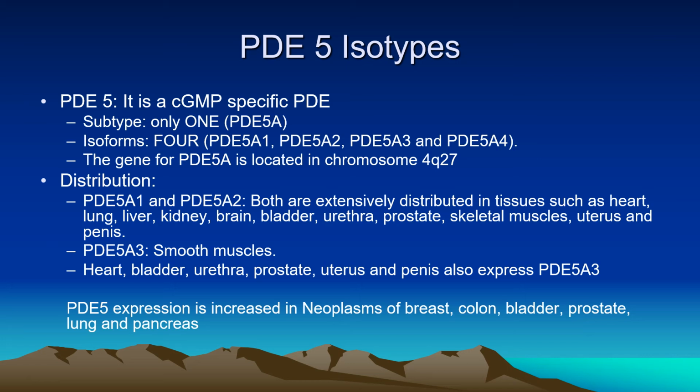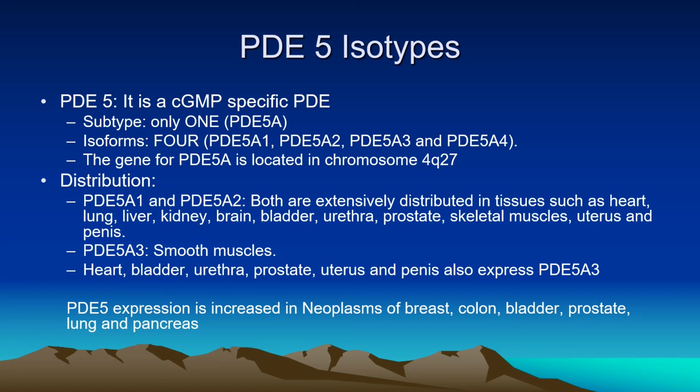Now, PDE5A3 is found in the vascular smooth muscles of a number of organs, including penis. So by inhibition of PDE5 variants 1, 2 and 3, there is vasodilatation, which we will discuss now.